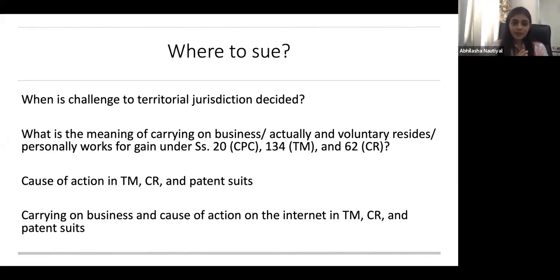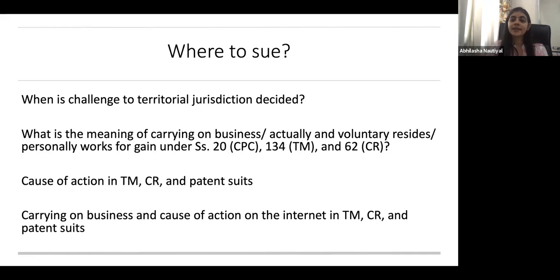So the cause of action is one way to launch an action in a jurisdiction. In addition to that, you have your defendant's residence or place of working or carrying on business. And a third is based on the plaintiff in trademark and copyright cases. Another aspect of facts which impacts the jurisdiction of courts is the internet and how cause of action arises on the internet.